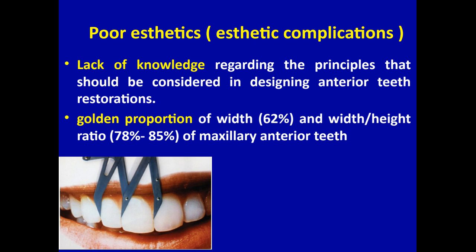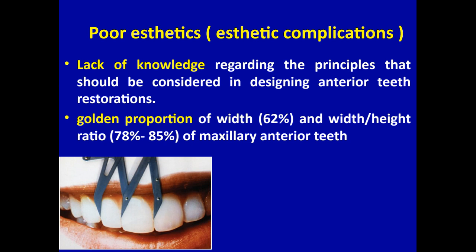These principles include the golden proportion of the width of anterior teeth, which should be 62%, and the width to height ratio, which should be 78 to 85%.